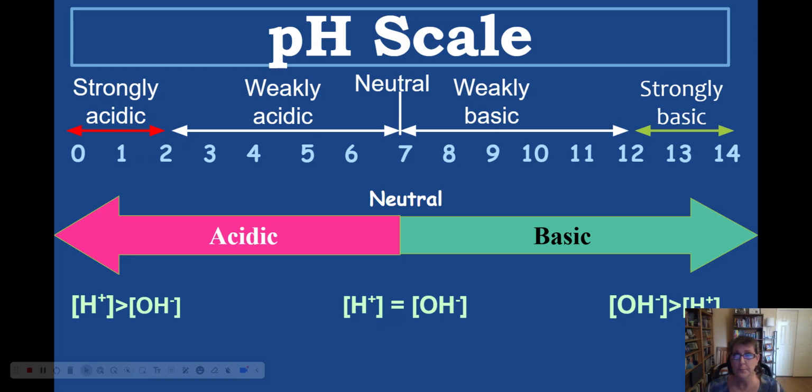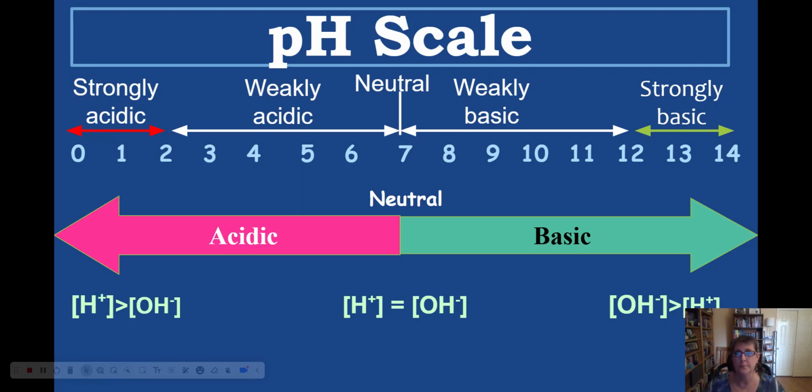As we go down from 7 towards 0, we're getting acidic. And as we go up from 7 towards 14, we're getting basic. Only 7.0 is neutral, not 6.9, not 7.1, but 7.0.